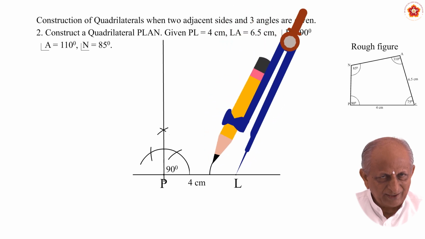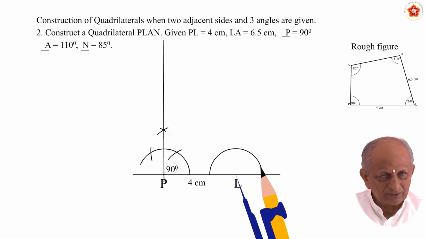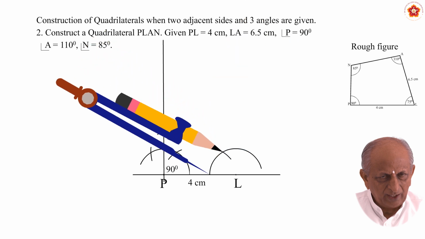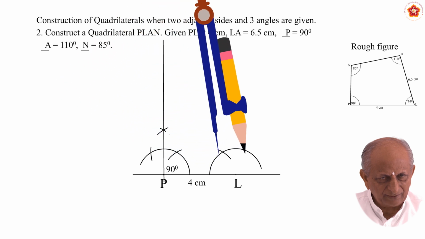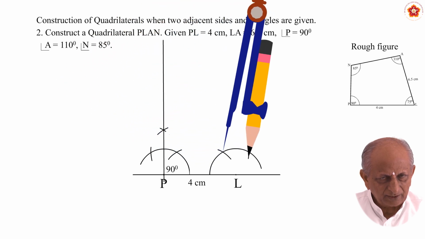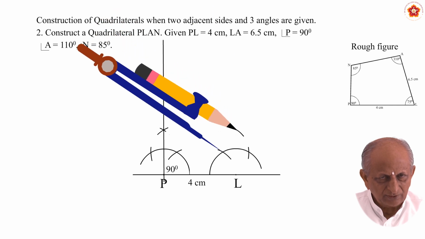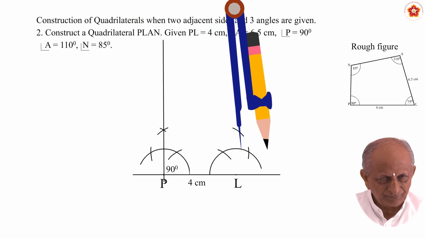Now with L as center, how much angle do we have to make? As usual, take a convenient radius with the compass and mark two arcs there. First you have to do 90 degrees.